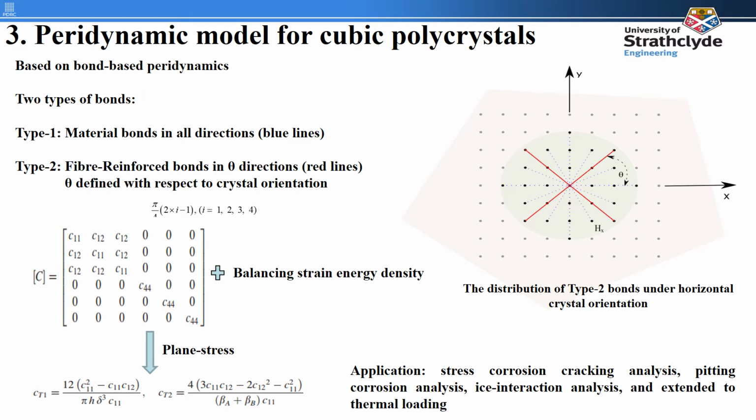The diagram on the right-hand side is an example of the bond distribution for horizontal crystal orientation. After balancing the strain energy density between peridynamic and classical theory, and combining with the plane stress assumption, finally, we can successfully obtain the bond constants for the 2 different kinds of bonds.